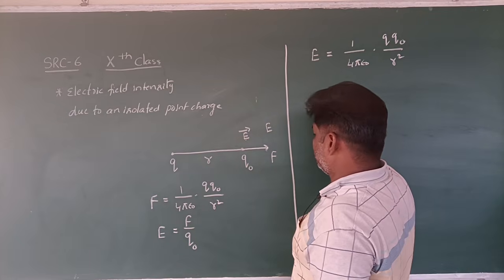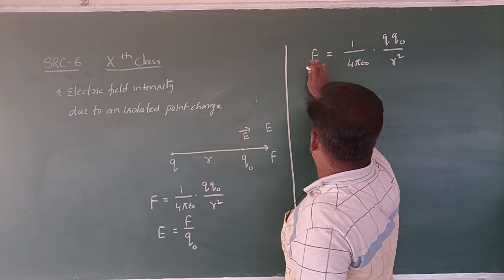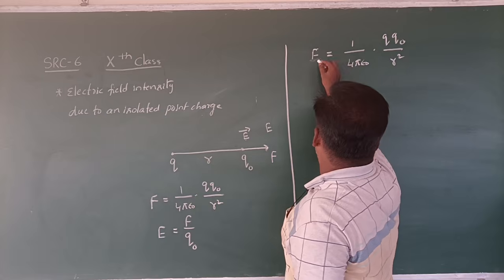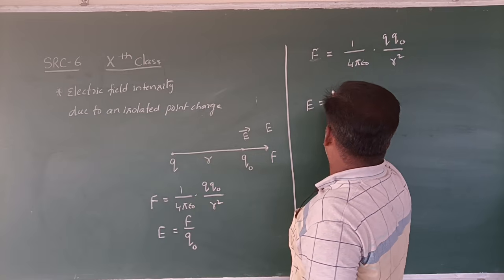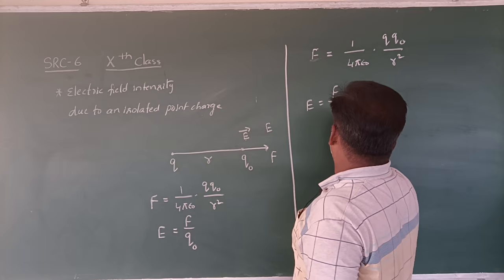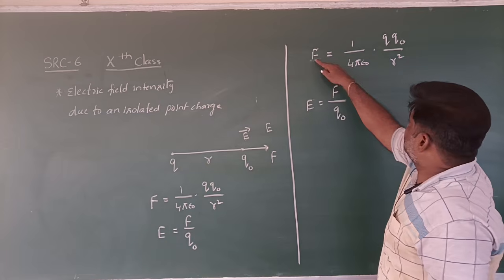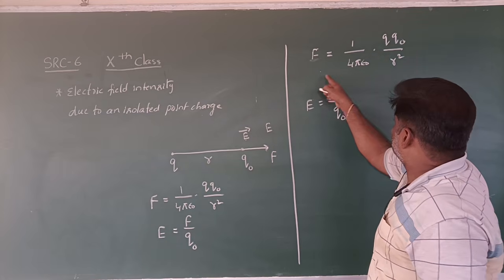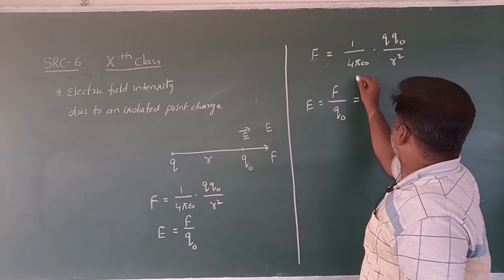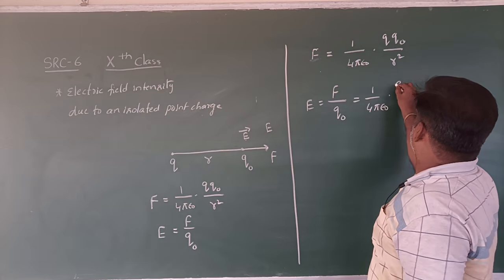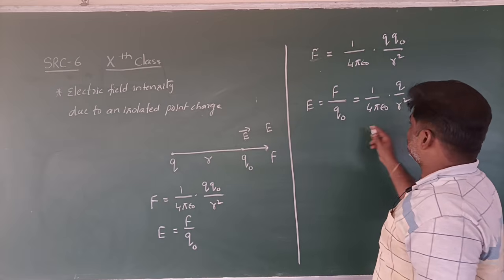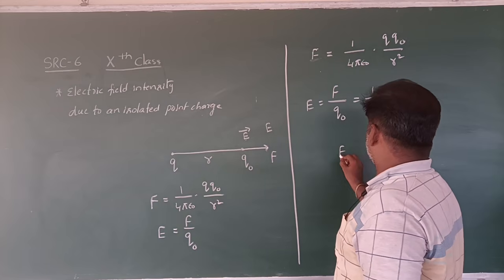Then F by q naught is equal to the remaining terms, 1 by 4 pi epsilon naught q by r square. So this is the expression for E.